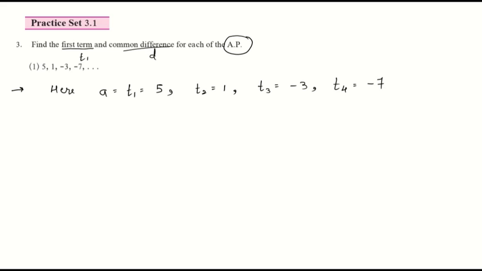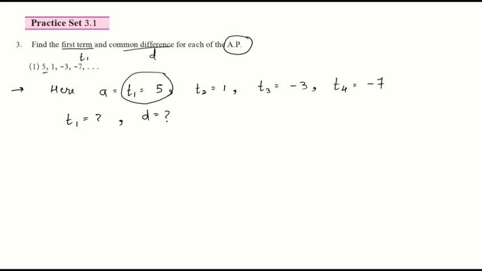Here A, that is the first term, is 5 from the given AP, T2 is 1, T3 is minus 3 and T4 is minus 7. We are asked to find T1 and the common difference D. So as it is an AP, we already got T1 is equal to 5.